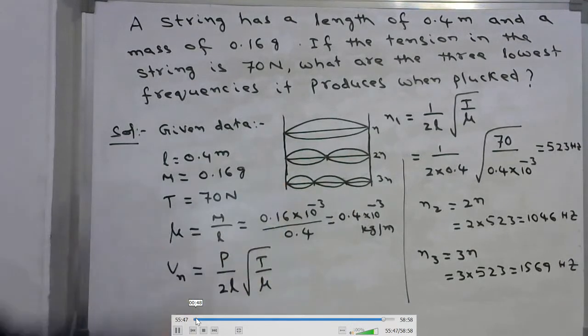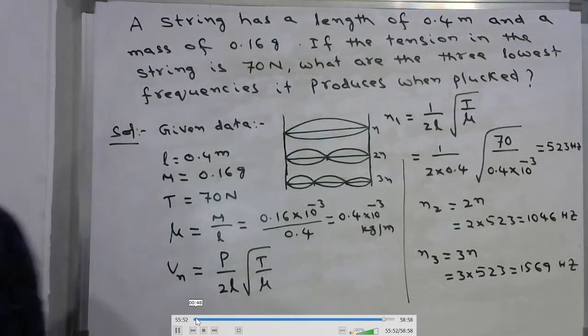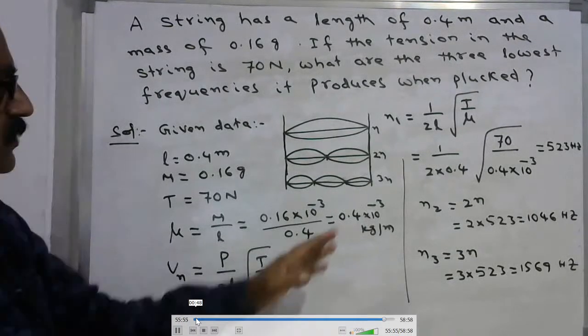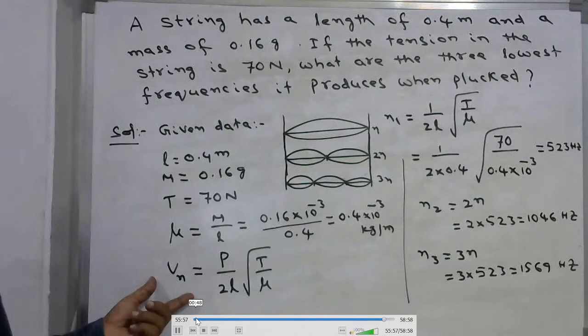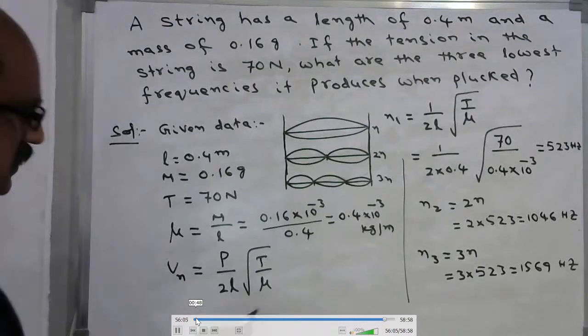So in general, for any number of loops, p loops, 1 loop, 2 loops, 3 loops and so on, the frequency can be written as p by 2L into under root T over mu. This is the general formula for any p loops.